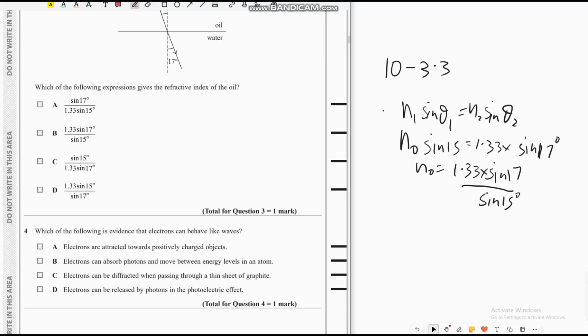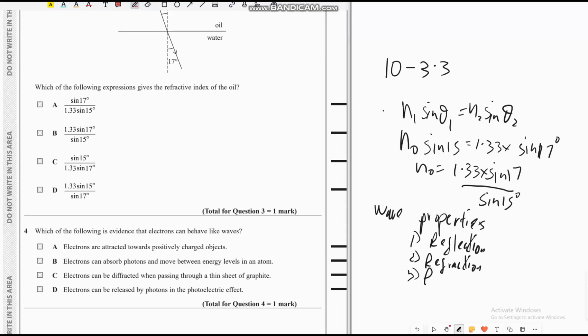So we know the wave properties, as I'm noting down here: reflection, refraction, diffraction, interference or superposition, and polarization.